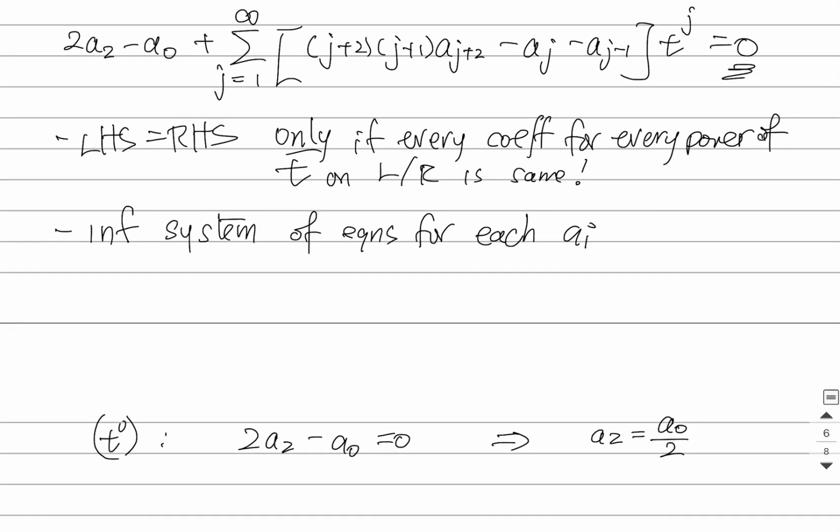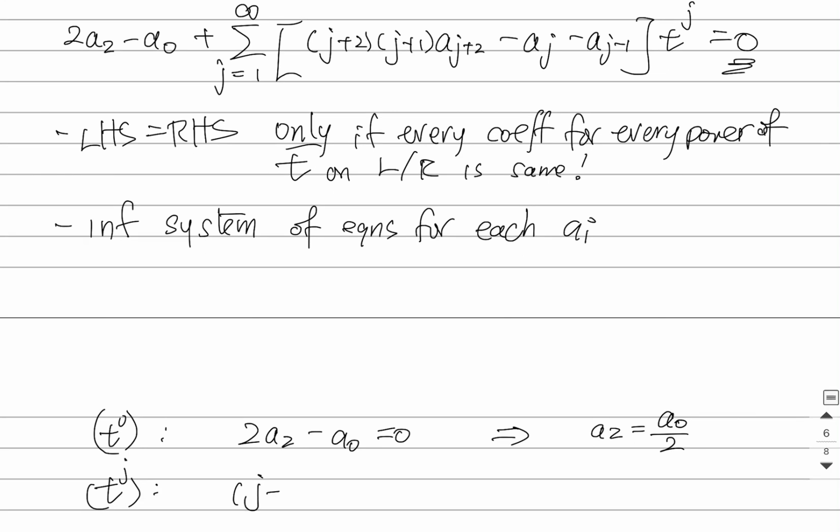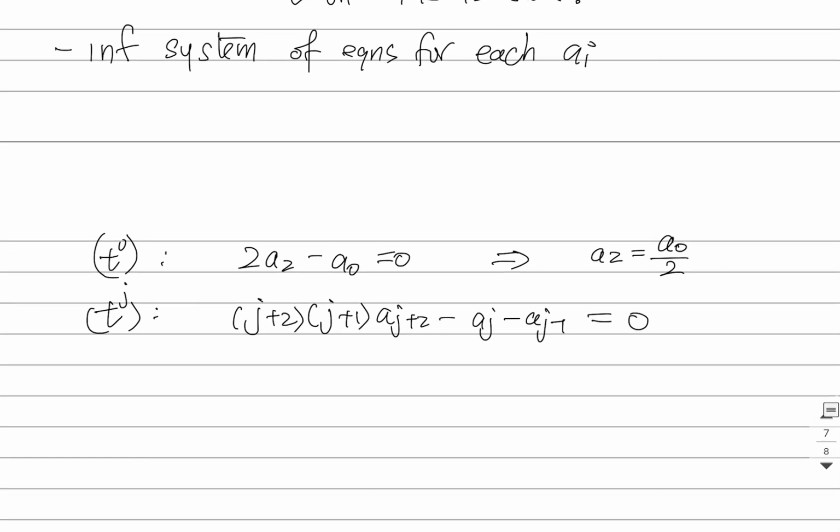And now for all of the other ones, we're going to take that expression that was in there, (j plus 2)(j plus 1) a_{j+2} minus all of this stuff, and this has to be 0. So what we do is we reorganize this for the highest index there, and we'll get a_{j+2} equals (a_j plus a_{j-1}) over (j plus 2)(j plus 1).